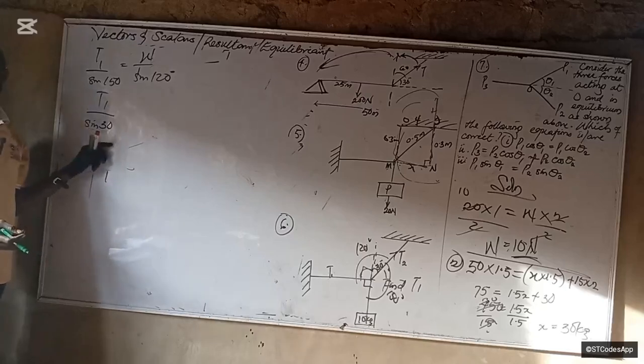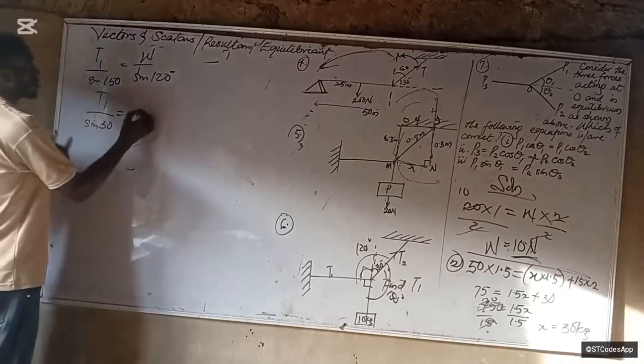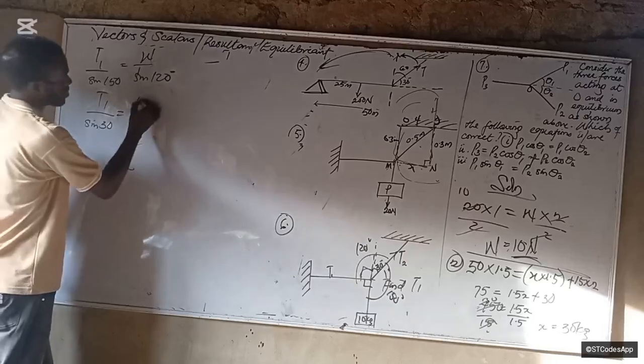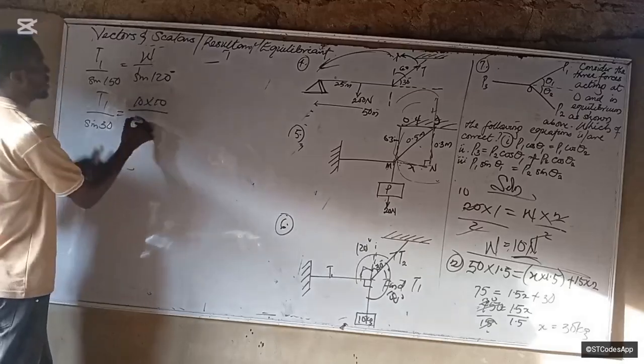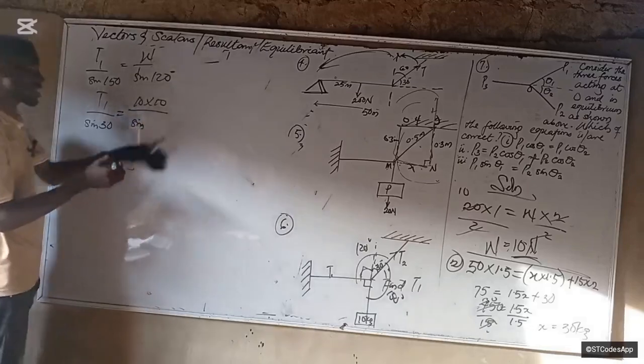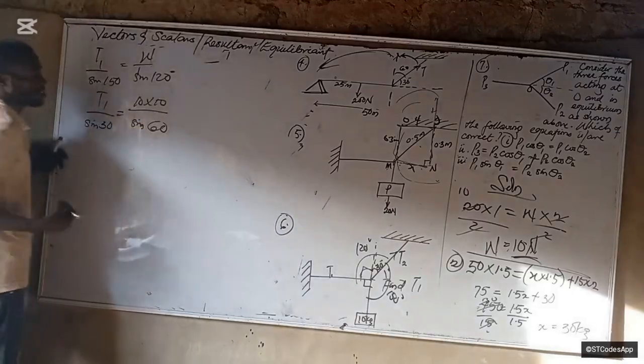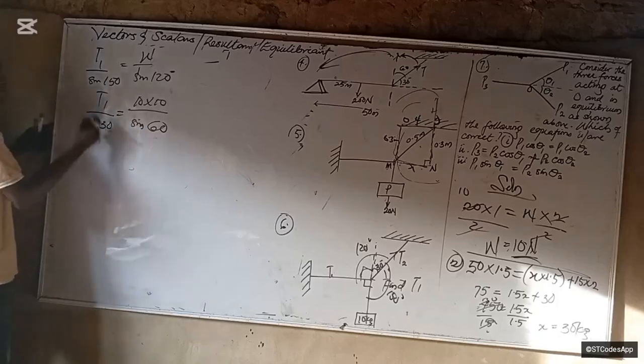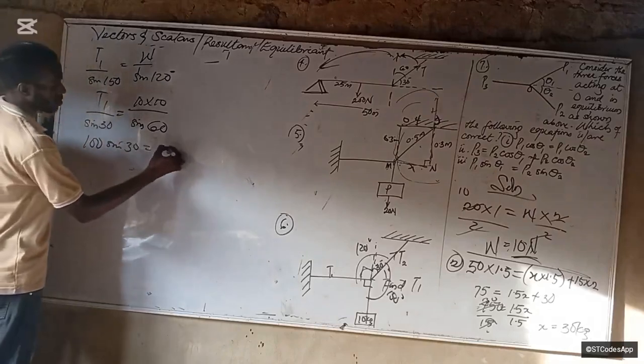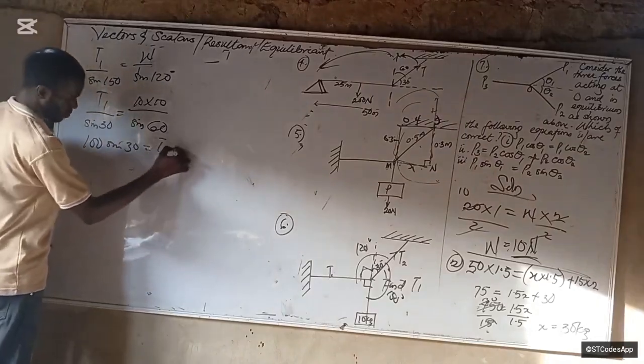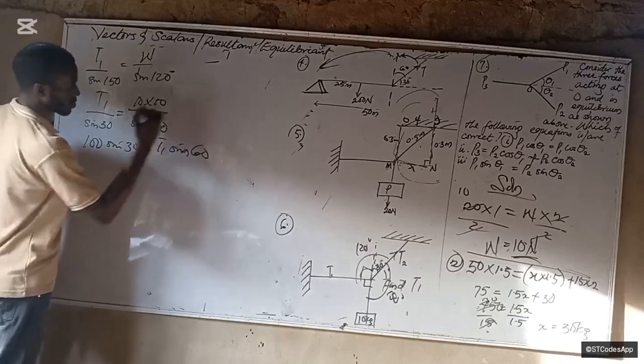Are you with me? Is equal to W. What's our W there? 100 over sine 120, again second quadrant, is equal to sine 60. So by the time you work this, you see what she did is correct. T1 over sine 30 is equal to 100 over sine 60.